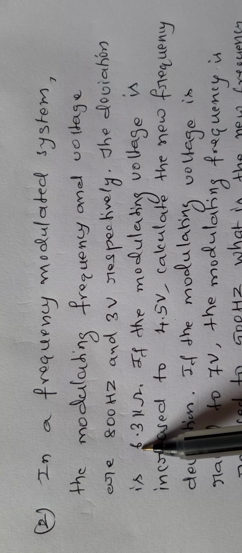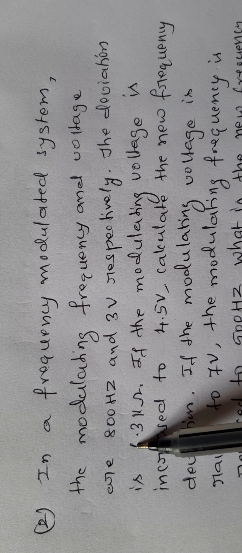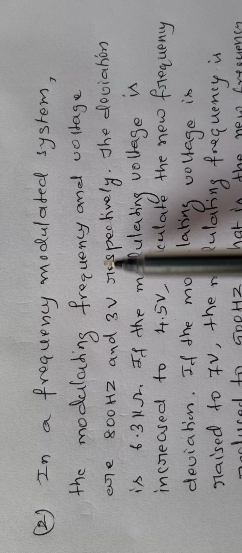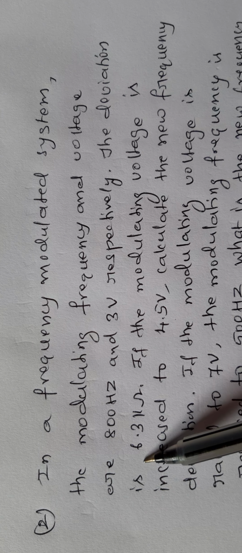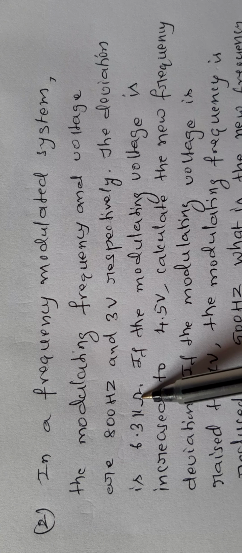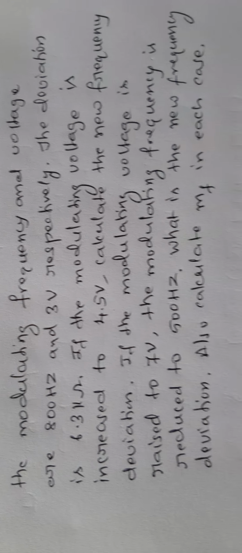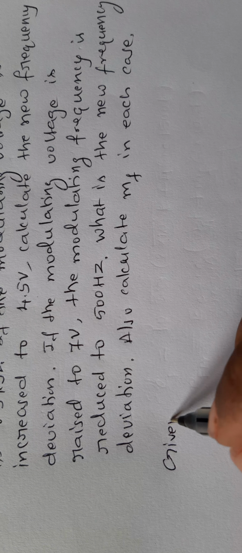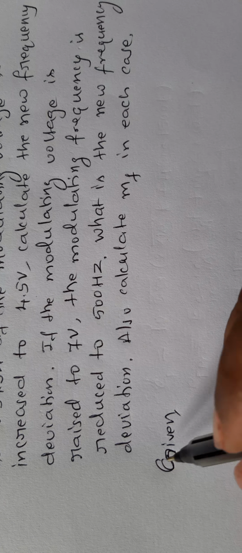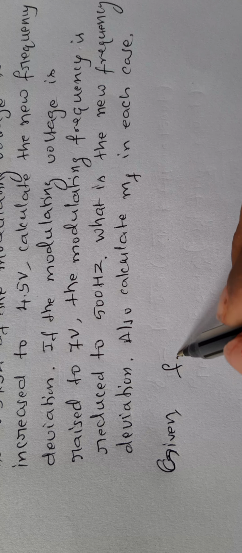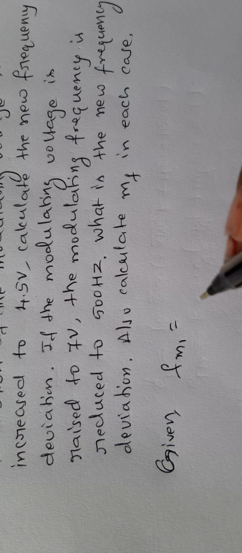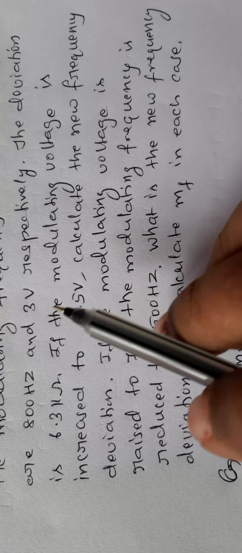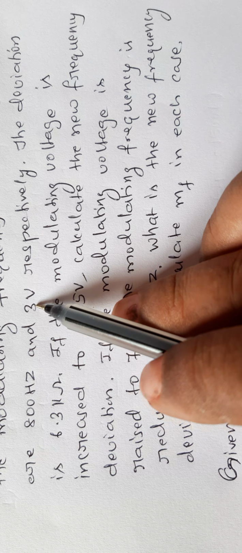The maximum deviation of the carrier frequency depending upon this 3 volts is 6.3 kilohertz. Therefore, first I will write the given parameters. Modulating frequency fm1 is 800 Hz, and Em1 is 3 volts.